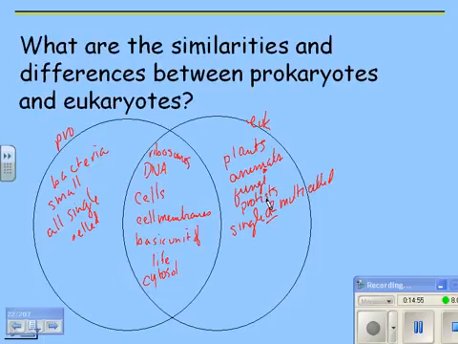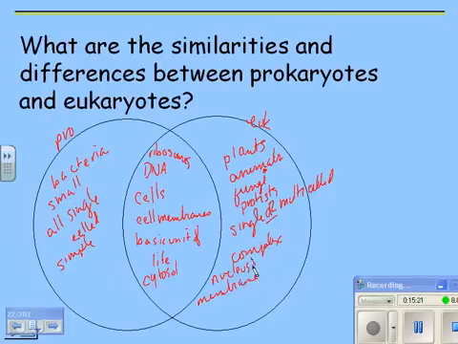of organisms that are multi-celled but don't have specialized tissues. So this is just a weird, huge group. It's kind of hard to put them all in one little category. Let's see what else. These are simple. These are complex. These have a nucleus. They have membrane-bound organelles.